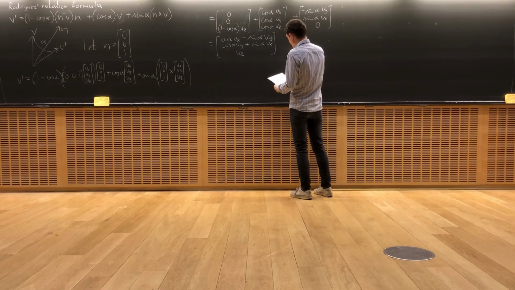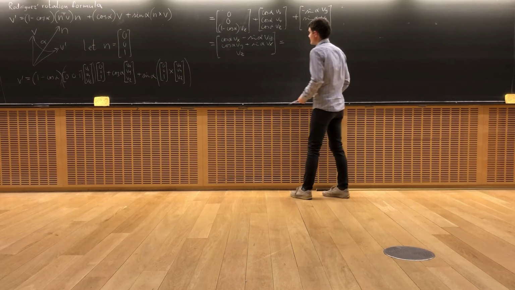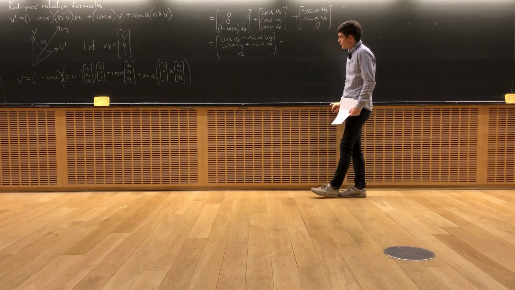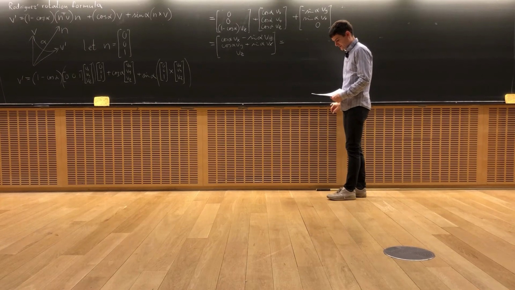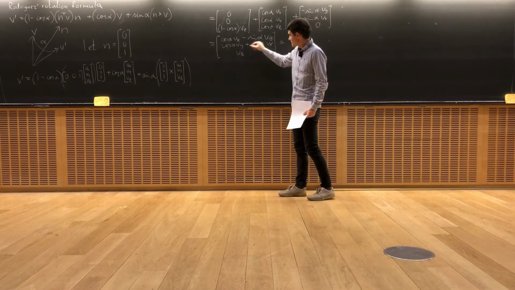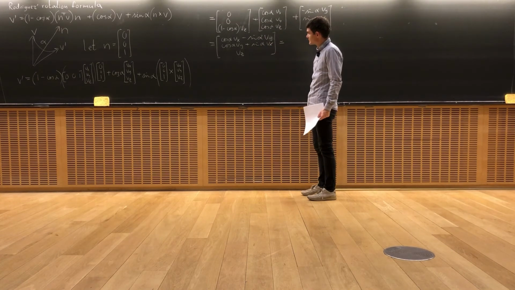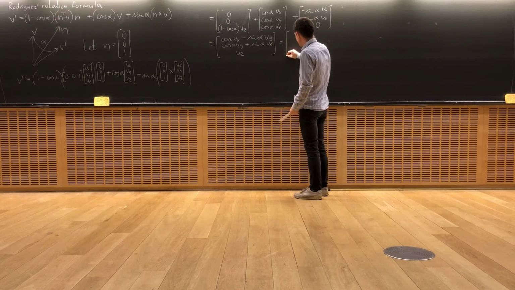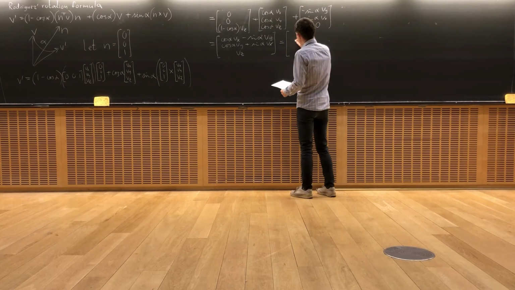So how can I write this? I want to make it a bit clear what's going on by introducing the concept of rotation matrices here. So when I look at the first thing here, I sort of see that this is the same as what you get out of a rotation matrix in 2 dimensions, because I can write this as this.